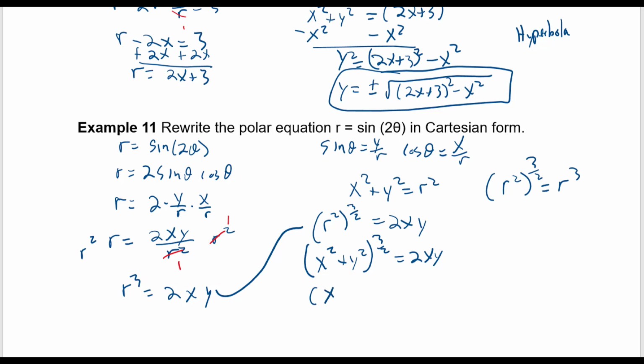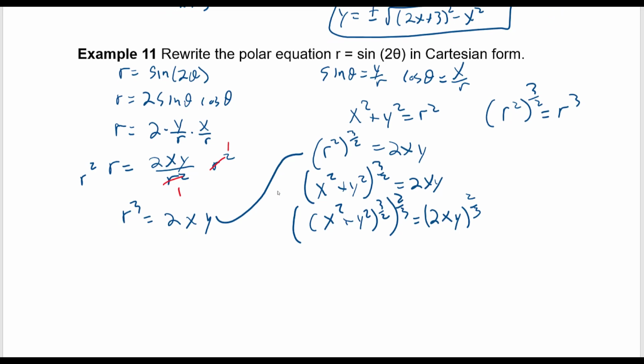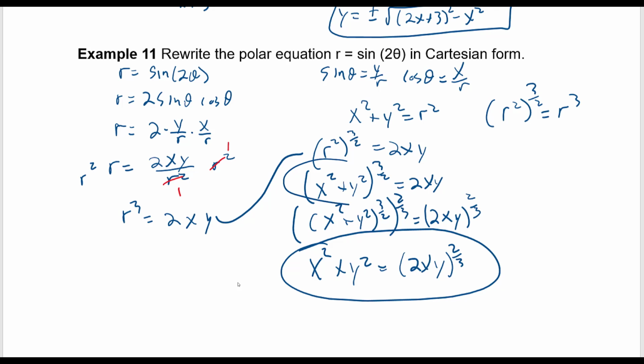So if you had x squared plus y squared to the 3 halves to the 2/3 equals 2xy to the 2/3, you could have x squared plus y squared equals 2xy to the 2/3. I mean, it's nothing great, but this works here and this works here. Okay, and that's it for this video.